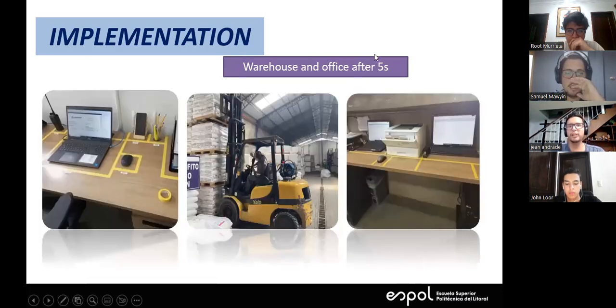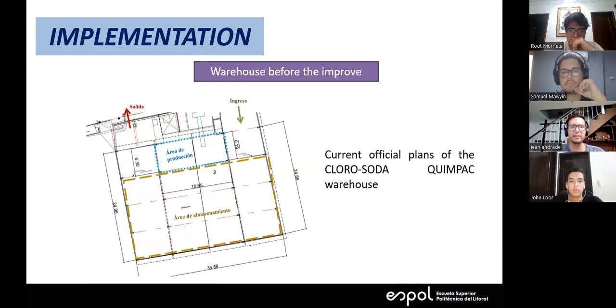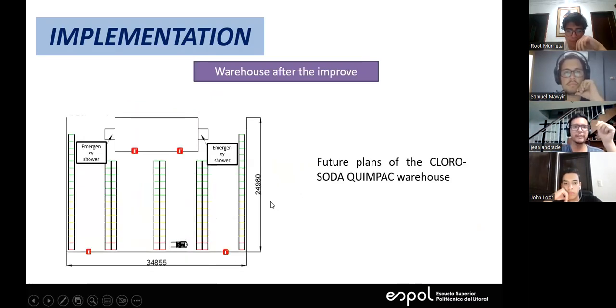After we apply the 5S methodology, we can see the pallets are completely in order, and also the workspace in the office is more organized. And for the improvement of the warehouse, here we can see the official plan now. After the improvement, we can see the different racks, and the more important products are at the beginning, and the less important ones are further back.